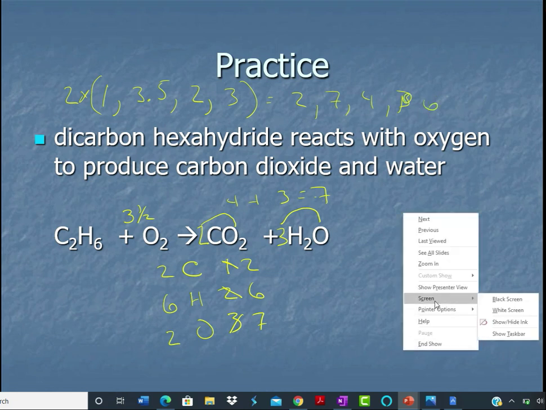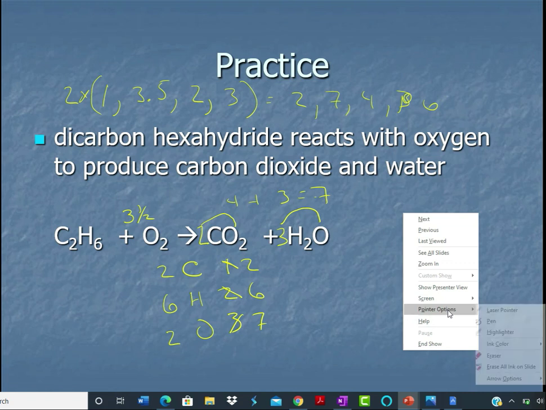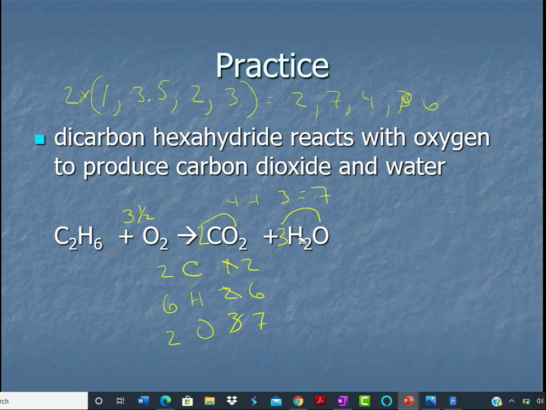Let's erase all these coefficients and get rid of some of this stuff. I'm going to get rid of my coefficients and my numbers and all this stuff that's down here. And we're going to see whether it works with those coefficients. It should, because all I did was multiply everything times 2. So it should work, but let's give it a shot.